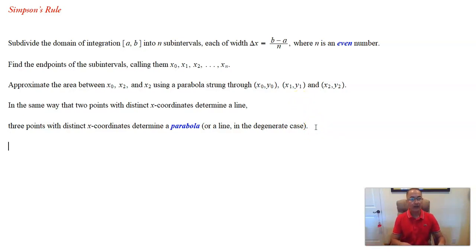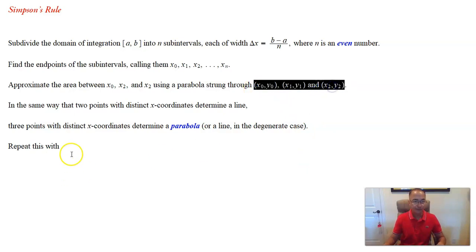Okay, so repeat this. Our next 3 points will be starting at x2. So x2, y2, x3, y3, and x4, y4.